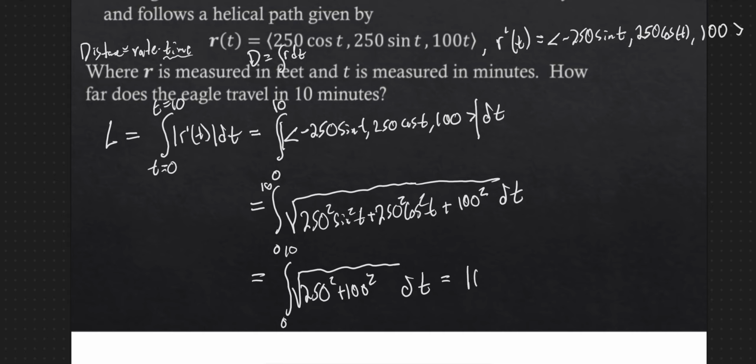So we get 10 times the square root of 250 squared plus 100 squared. We can go ahead and calculate that. Remember, it's a good idea to work through these calculations along with me and see if you get the same answer I do.